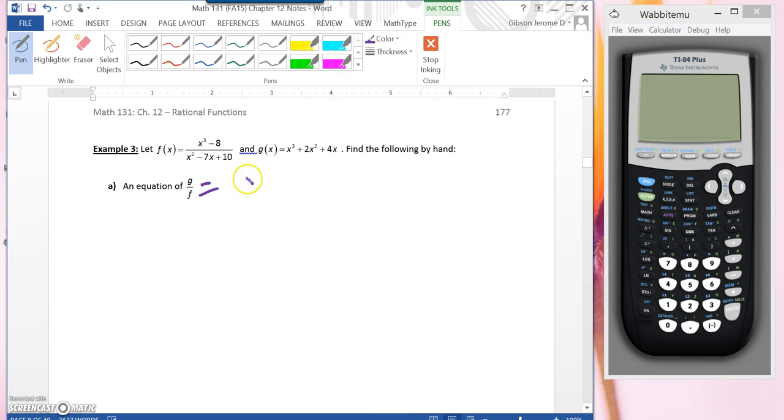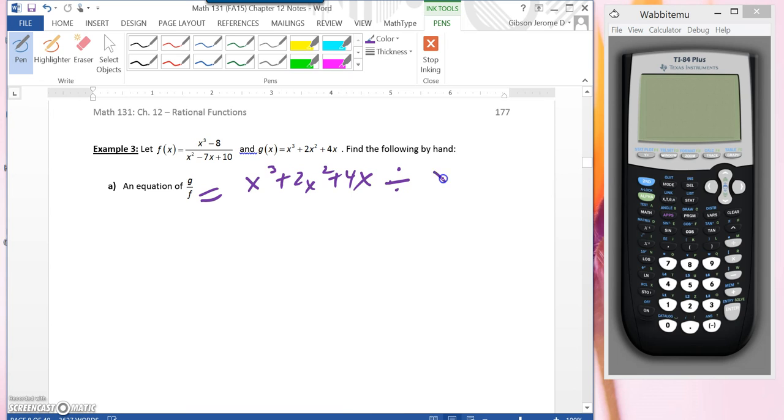The g equation is x cubed plus 2x squared plus 4x. And the f equation is, actually you see that equal sign disappeared a little bit here. The f equation, we're going to make this into a regular division problem to make it look a little easier.